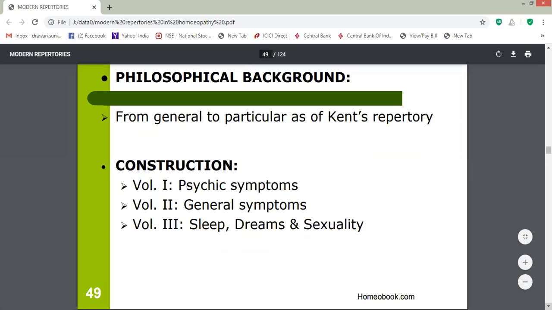In this repertory, the total number of medicines included is 1594, and they are arranged in alphabetical order.